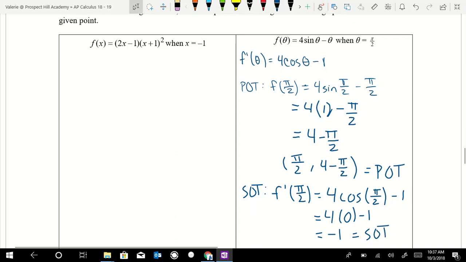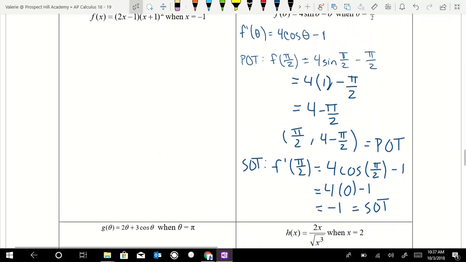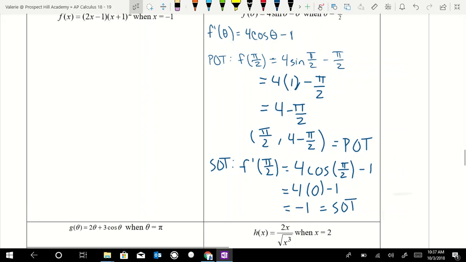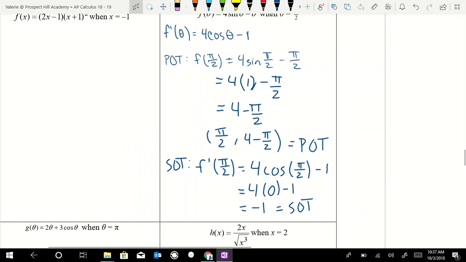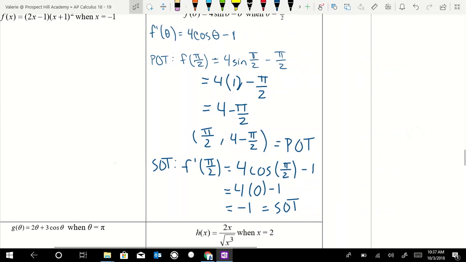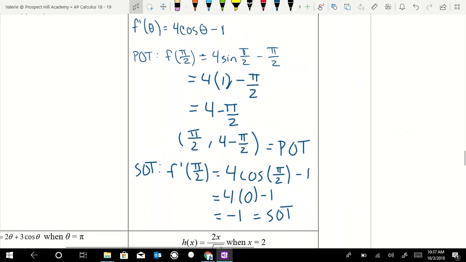All right, so now to write our equation, I ran out of space. So to write our equation, I'm just going to write it over on the side. So our y minus 4 minus pi over 2 equals negative 1 times x minus pi over 2.